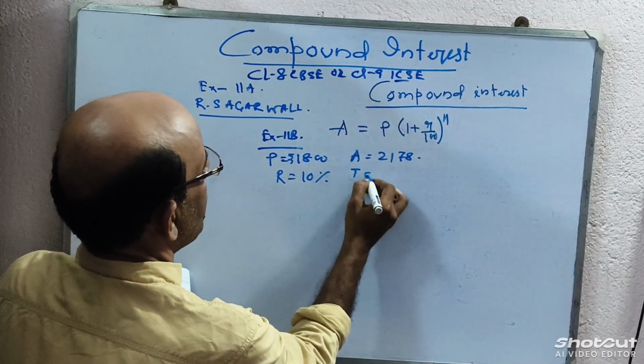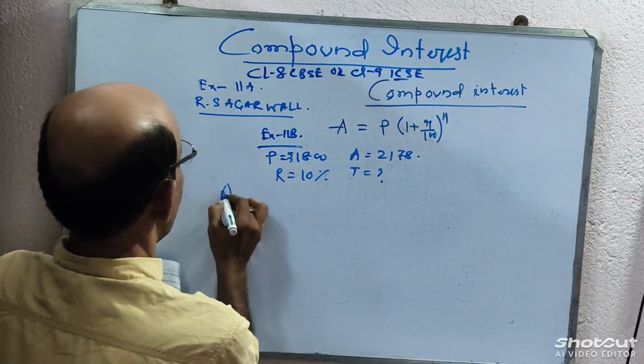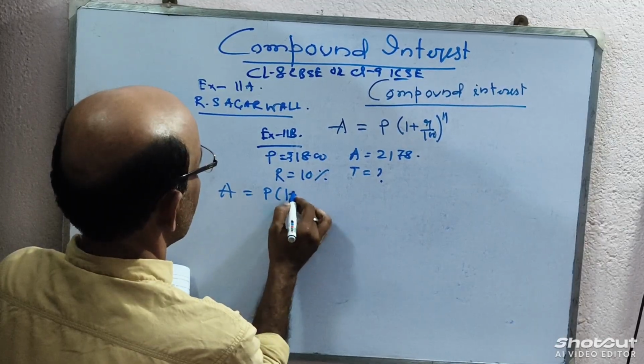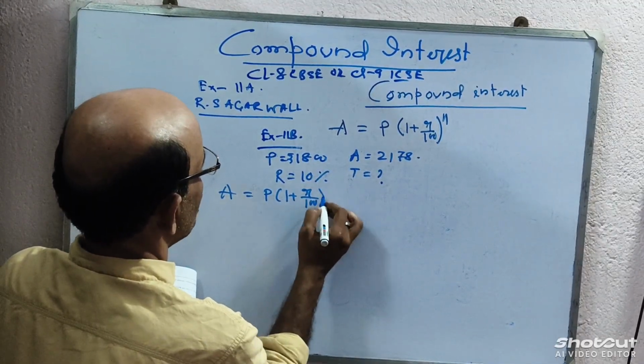You have to find time. Therefore amount is equal to P into 1 plus R by 100 whole to the power N.